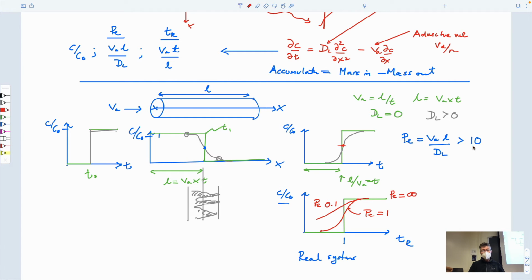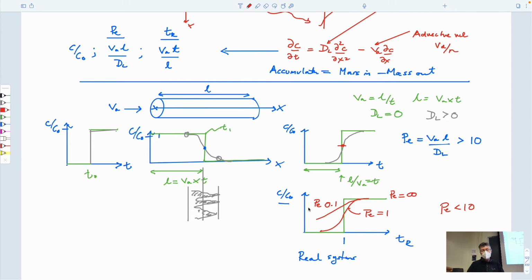But if the Peclet number is smaller than 10, then these curves are different. And you have the equations to do it if you need it, but you should be aware of that, because that's important. Okay? So that's the beginning punchline, if you like, for today.